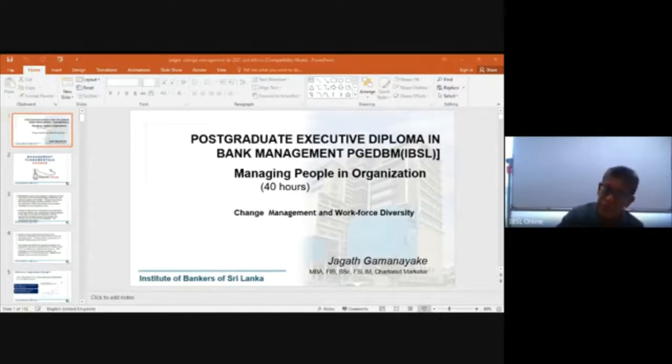So there are two factors we take into account in deciding the type of organizational change. One is the scope of the change, as well as the speed with which the change can be achieved.